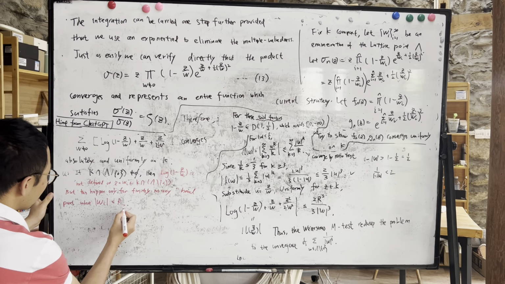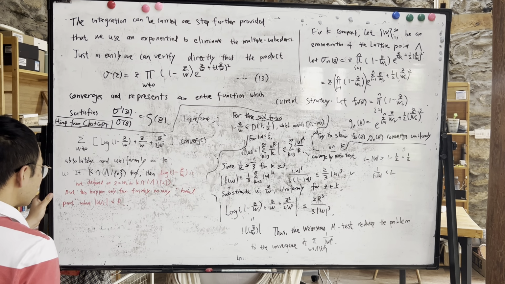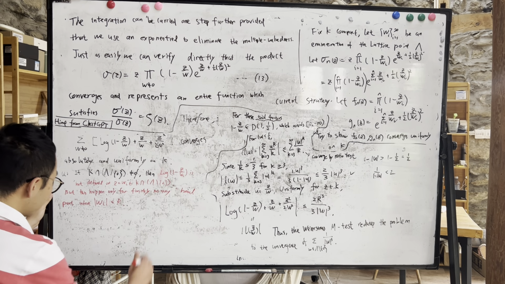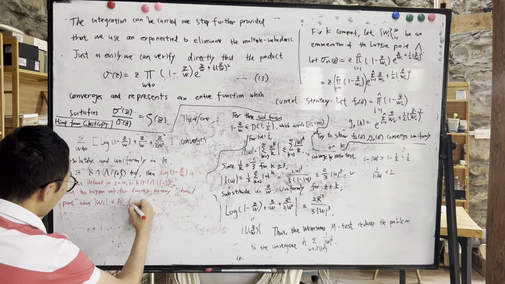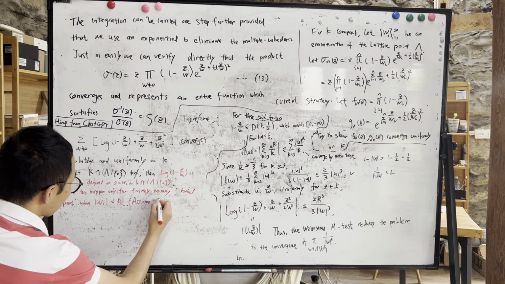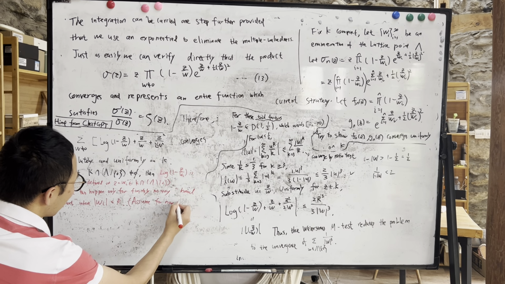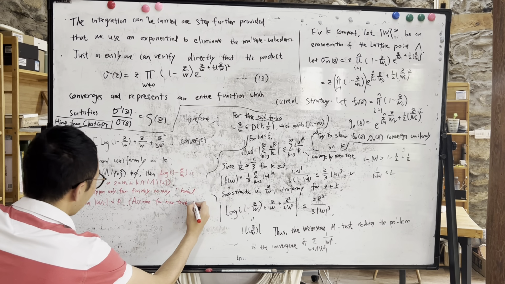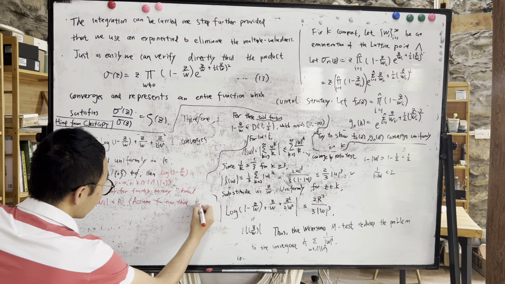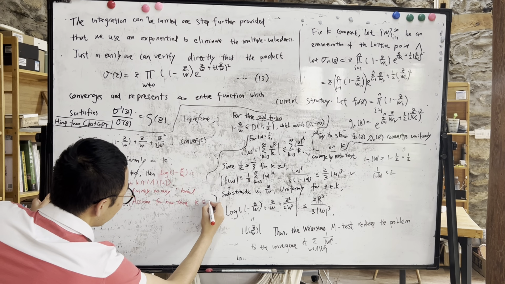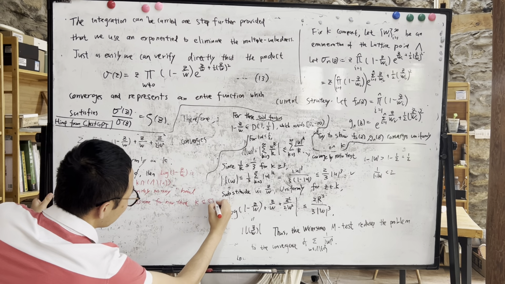Let's see. So for now, let's just assume that this K is actually a subset of C minus the wedge point.